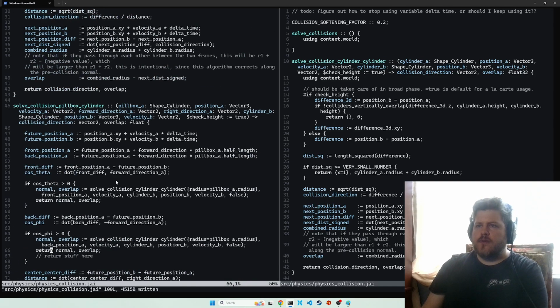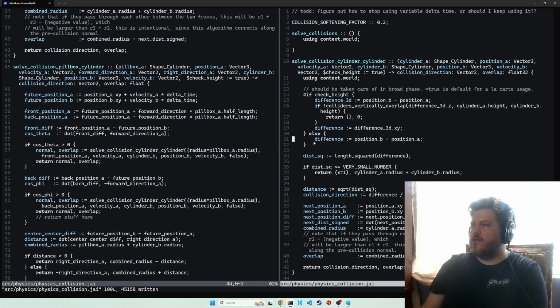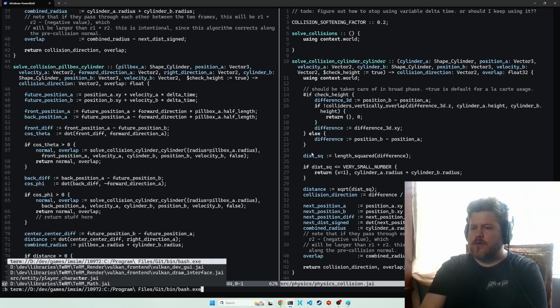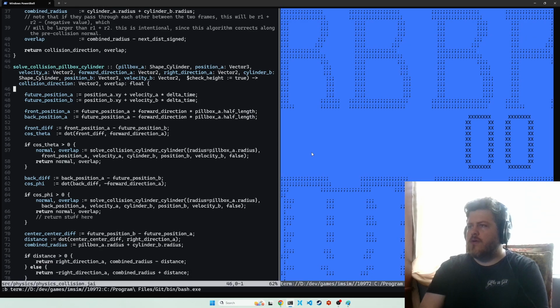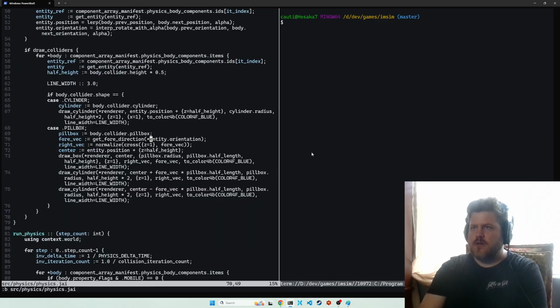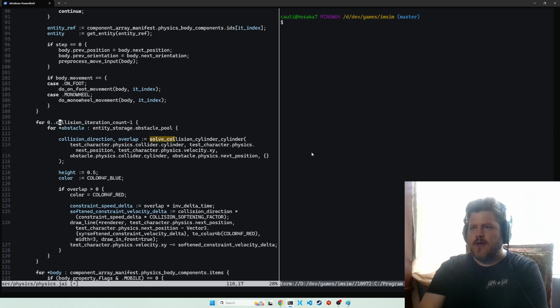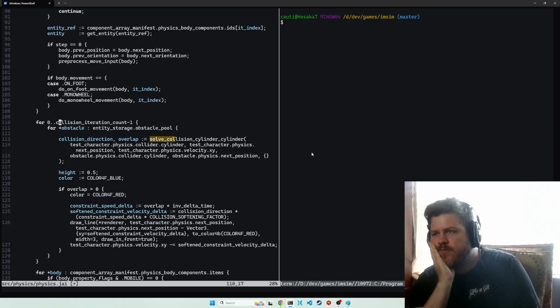And now, if I go into physics, I should be able to call this instead. Solve collisions per cylinder. Assuming that cylinders, let's go ahead and just make it like a solve collision.